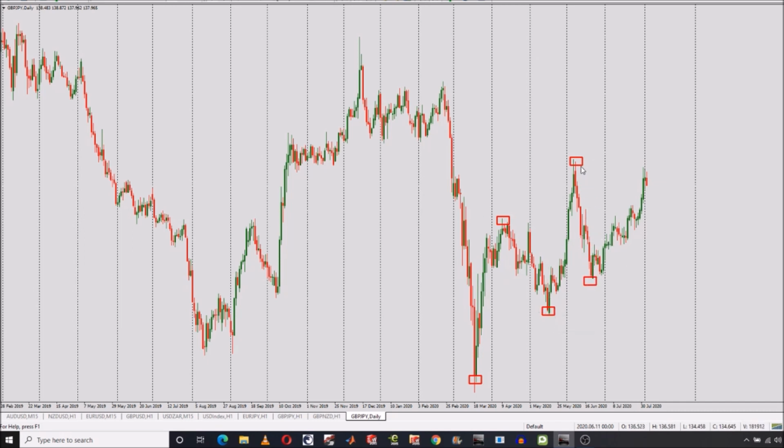So these are our points of interest. These are where we will start to count levels from.